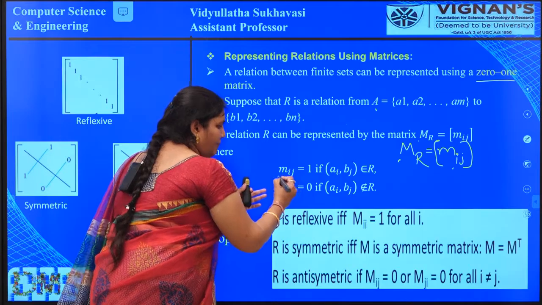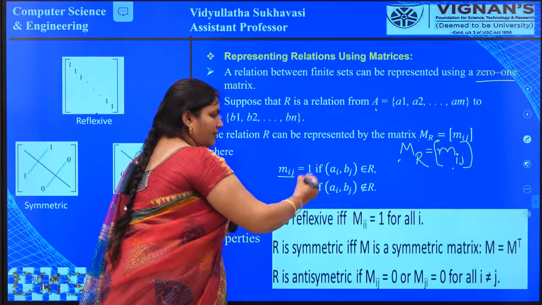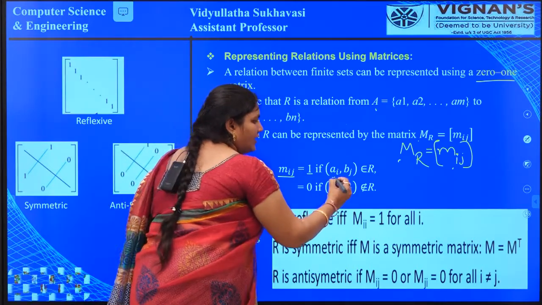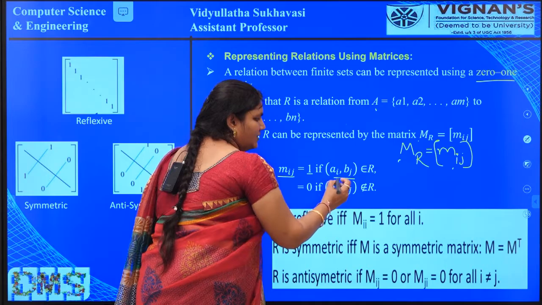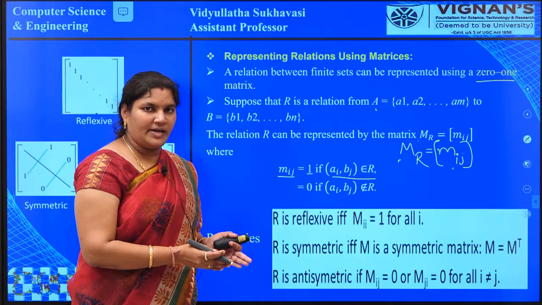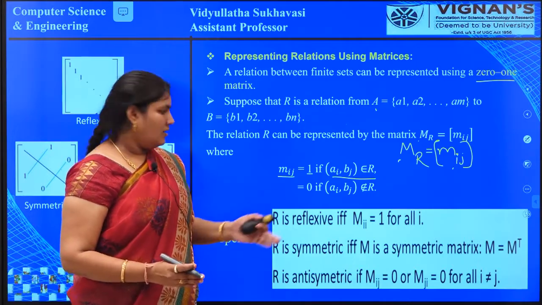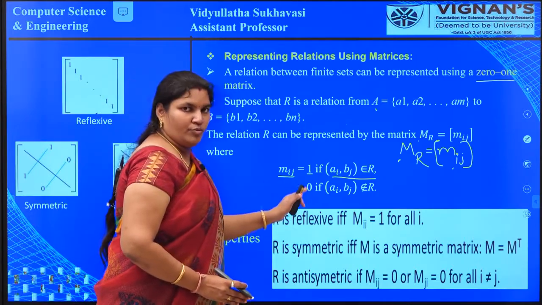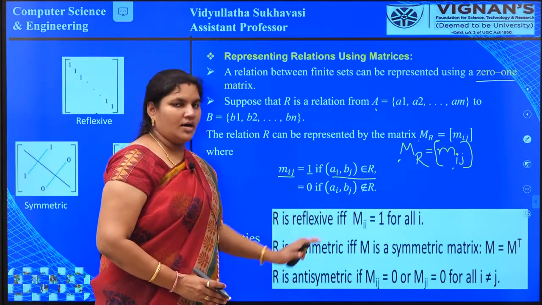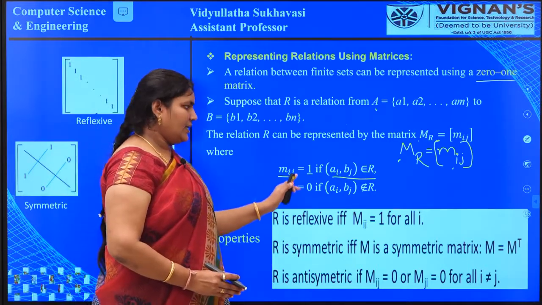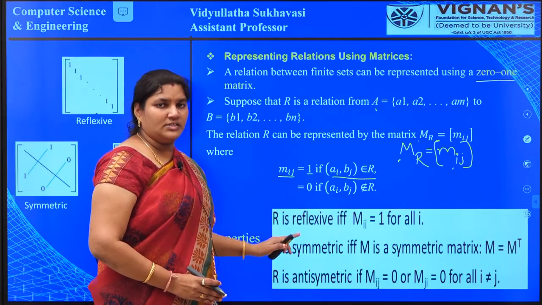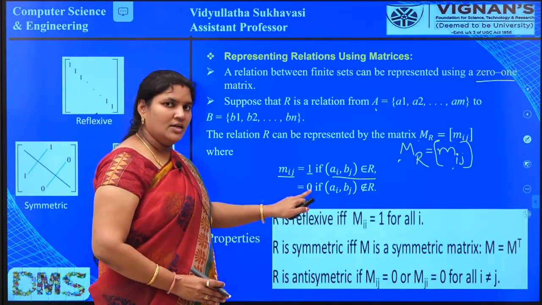If Mij is 1, that means the ordered pair (Ai, Bj) belongs to the relation R, that is, that particular ordered pair is present in the relation R. And if Mij is 0, then that particular ordered pair is not present in the relation R. So Mij is 1 if the ordered pair belongs to the relation R, and if it is not in the relation R, then we specify 0.